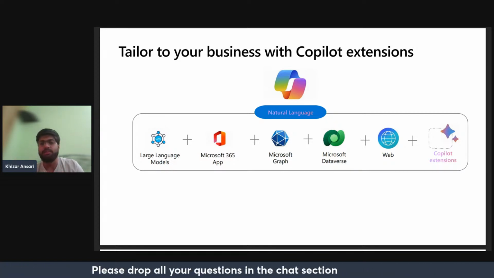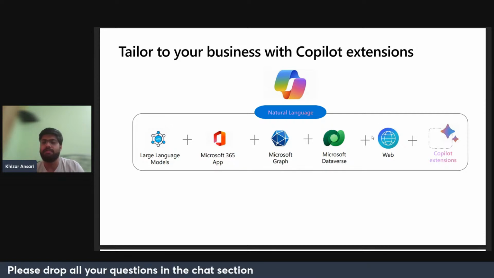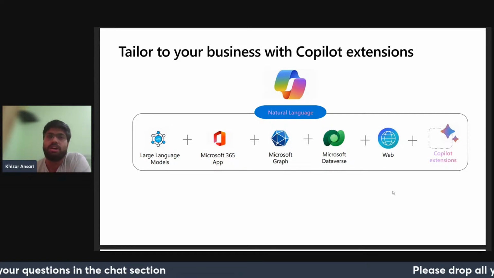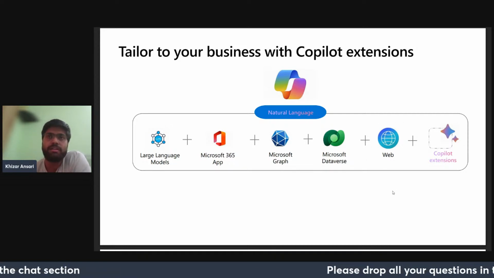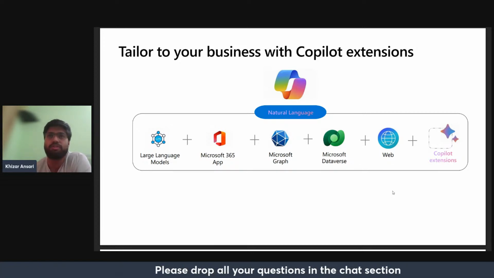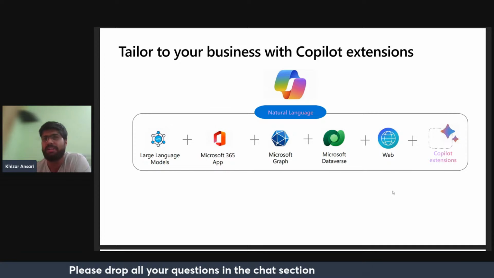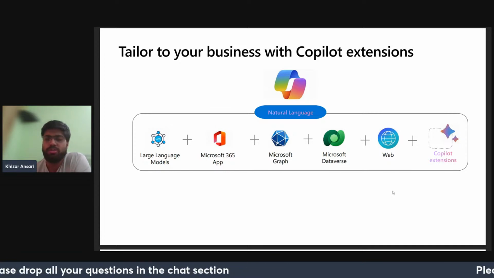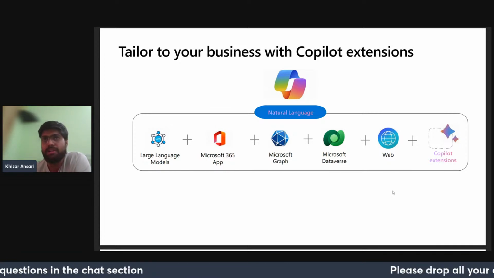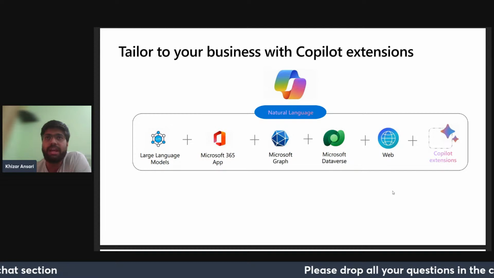Similarly, if you see here, we have the web symbol. What does this web symbol demonstrate? Let's assume that someone is asking a question that is outside the reach of Copilot, or maybe there is no specific topic defined in the studio. You can enable the generative AI orchestrator.